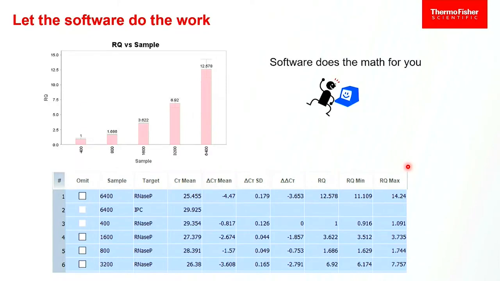So all you need to do is grab RQ and plot it. It will plot it for you, but not everybody likes these plots, so if you like different software, you can pull it out. It also does the really hard part of giving you error bars. So we have RQ min and RQ max, meaning the lower bound and upper bound for your error bars.